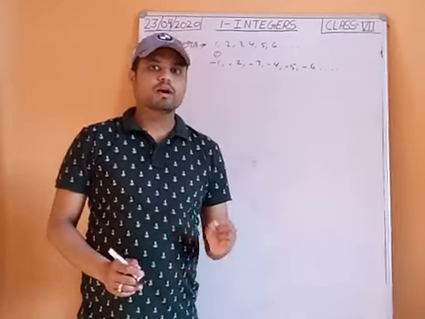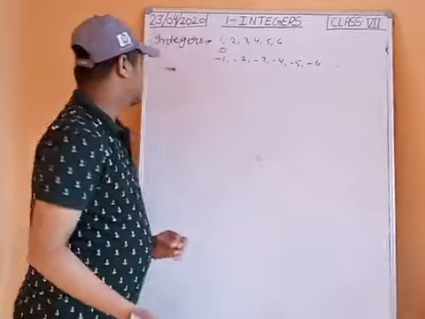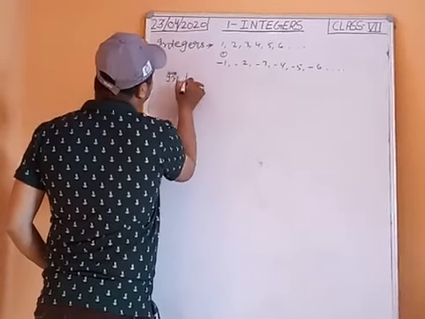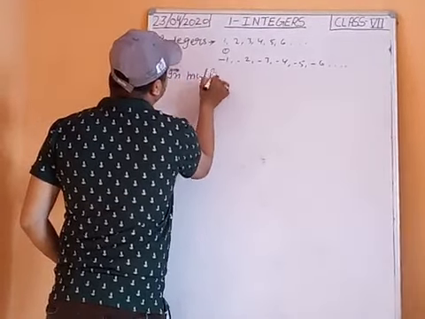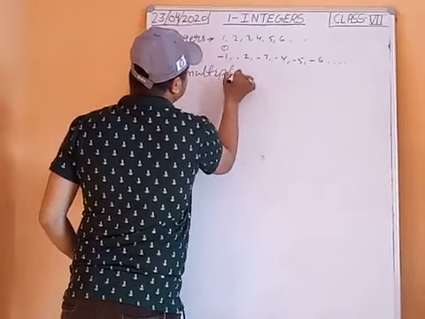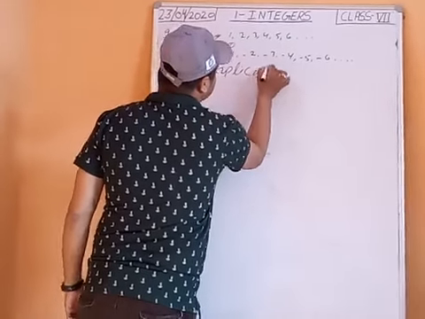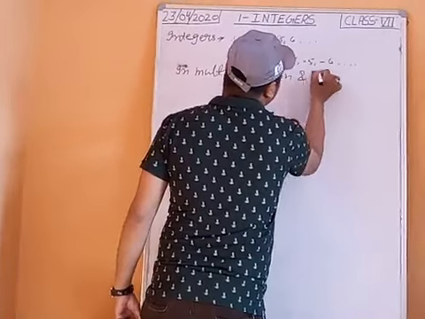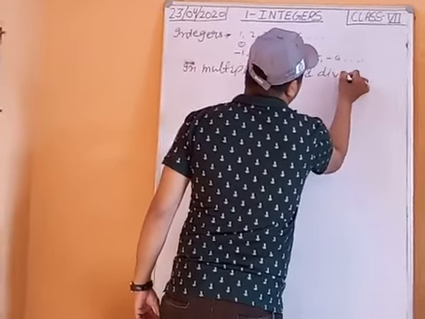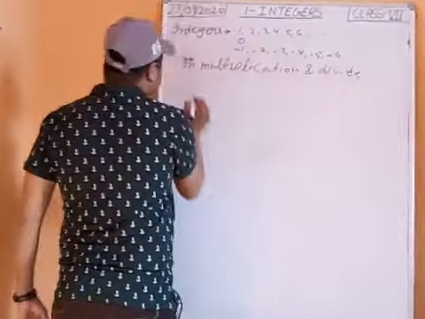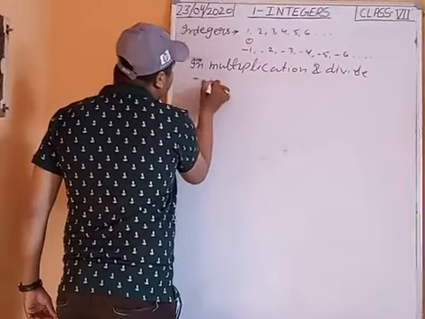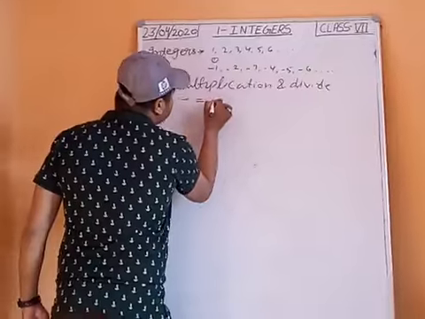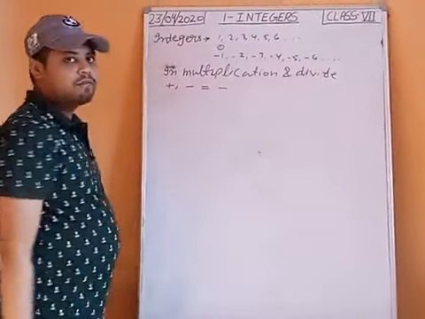Now move on to some properties. Suppose in multiplication and divide, if the first number is positive and the second number is negative, so plus minus minus, which sign will come?